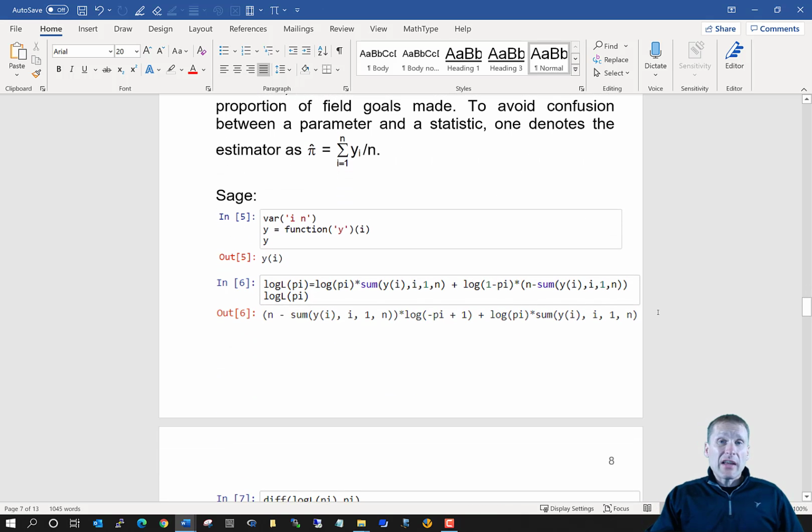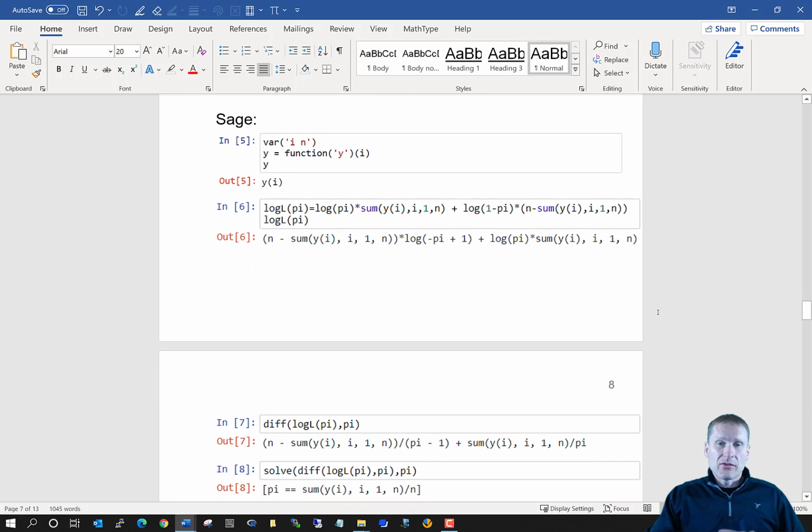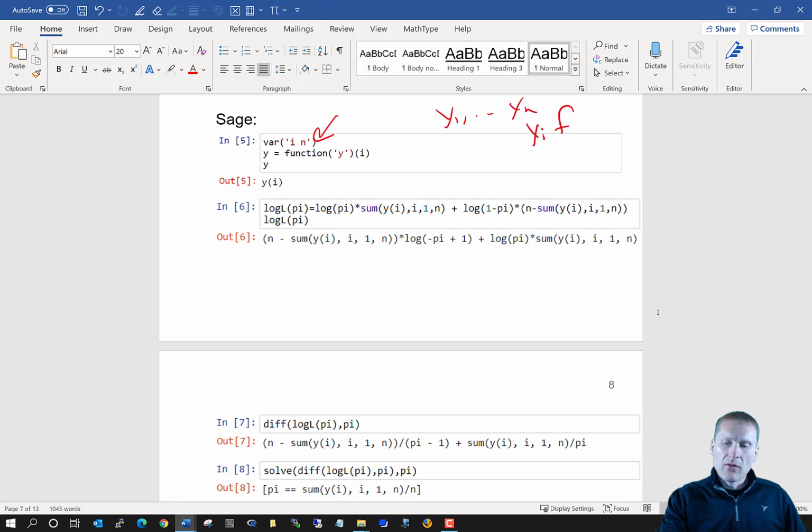How could I use Sage to do these calculations, to derive the maximum likelihood estimate? So what I can do is this. Again, I'm going to declare n as, in Sage's terminology, a variable. But I'm also going to do this with i, because remember, I have to deal with y1 through yn, or in other words, y sub i for i equal 1 to n.